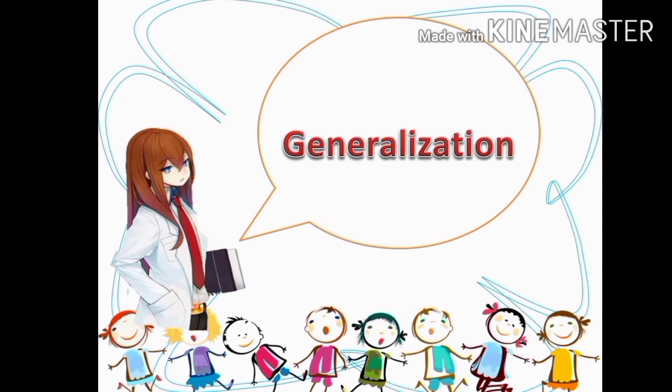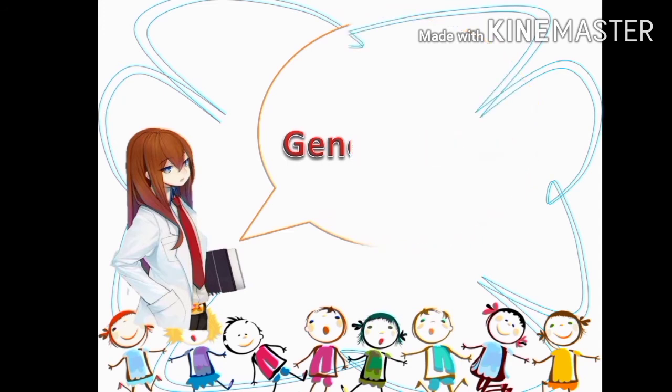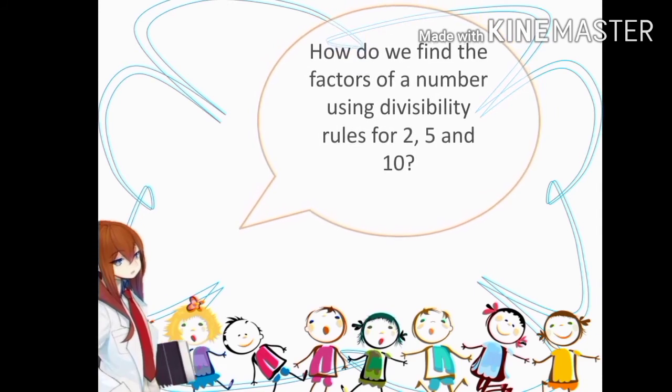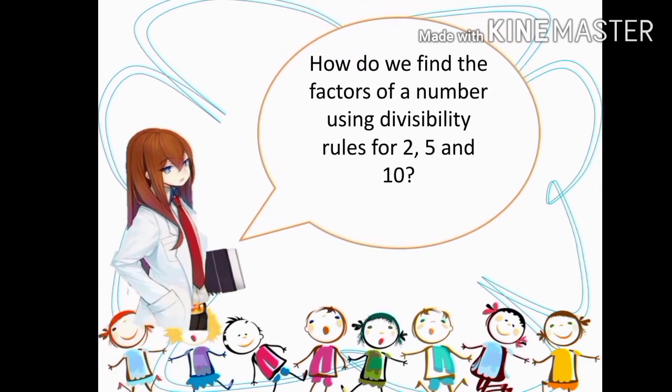did you understand our lesson for today? You do? Oh yes, if you do, here's a question for you. How do we find the factors of a given number using divisibility rules for 2, 5, and 10? Think about it. Recall, how do we find it?